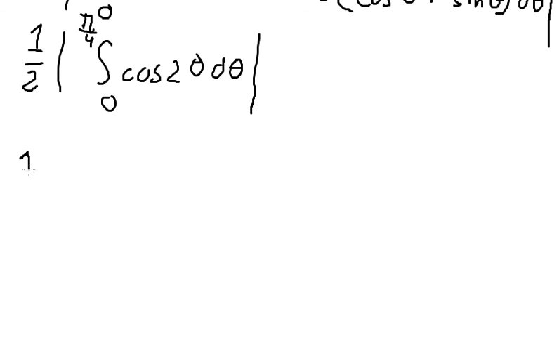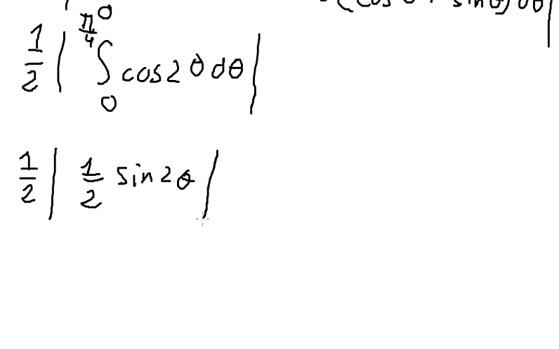The integration of this one, we will have about 1 over 2 sine 2 theta, and we put the bounds from 0 to pi over 4. So we put pi over 4 in here, number 0 in here.